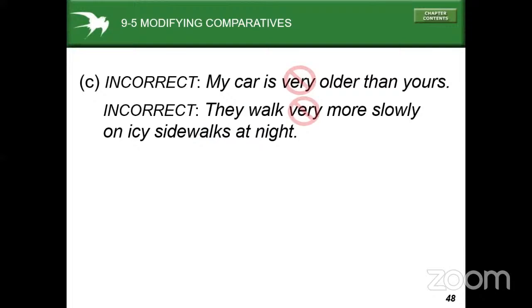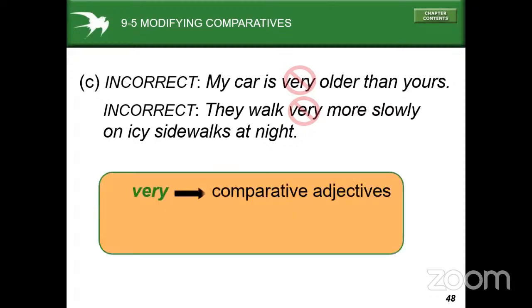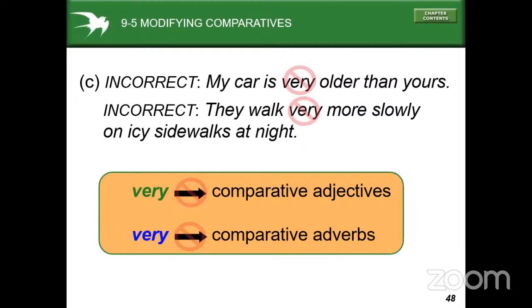So my car is very older than yours. They walk very more slowly on icy sidewalks at night. But not right, those are incorrect. We don't use very with comparative adjectives, right? Very with comparative adverbs.